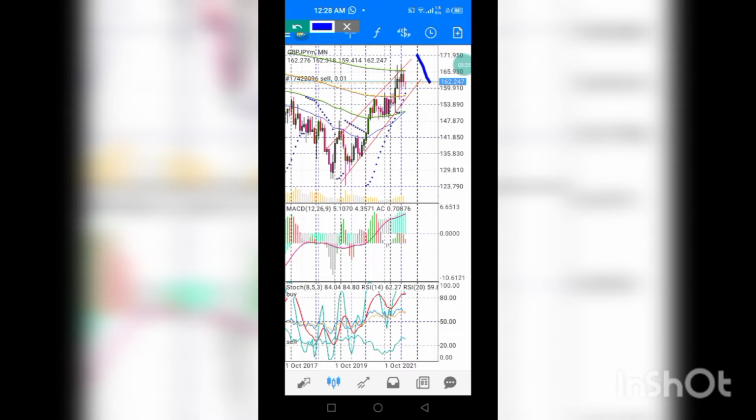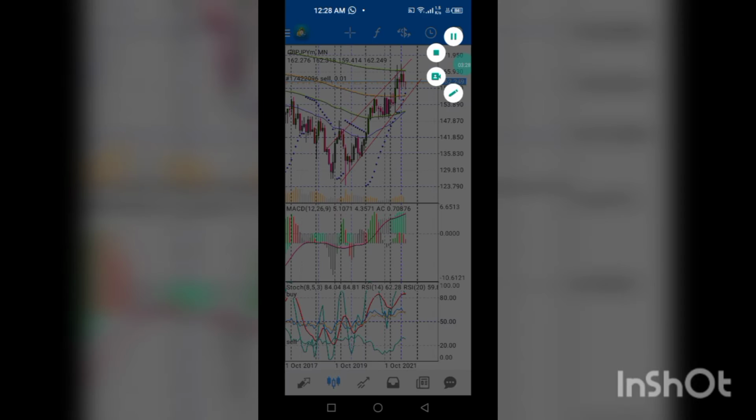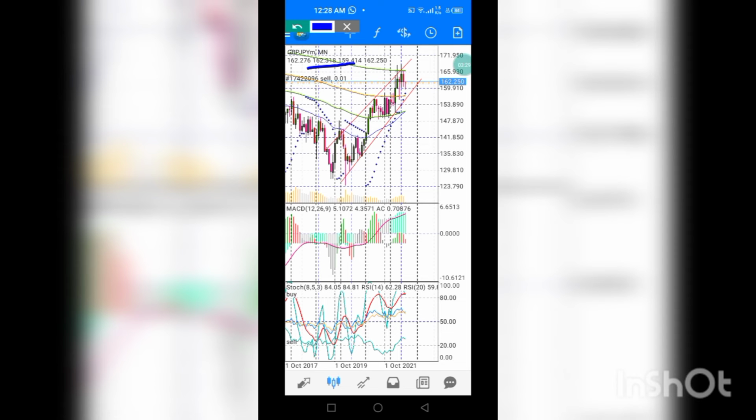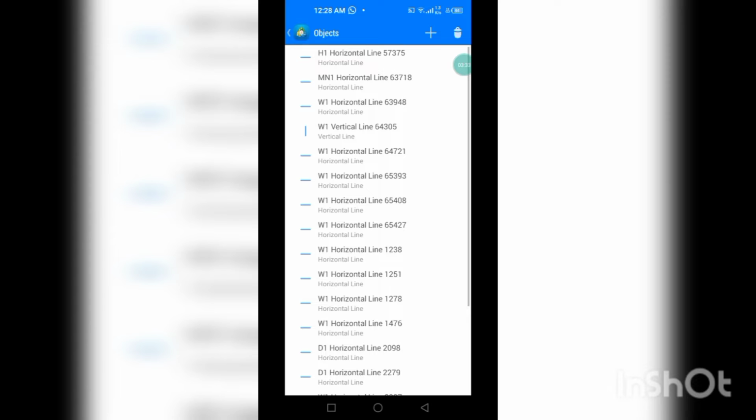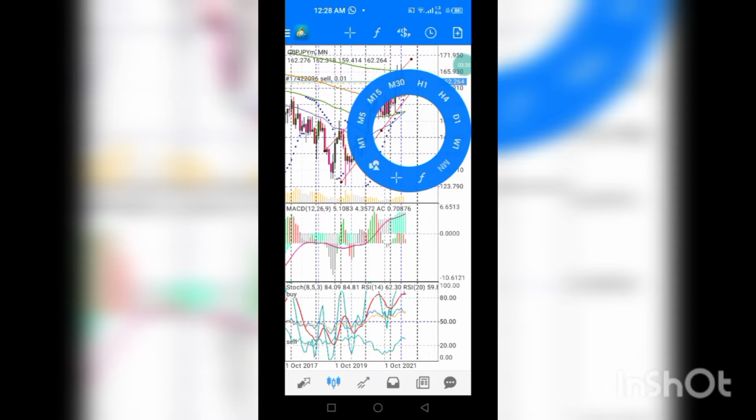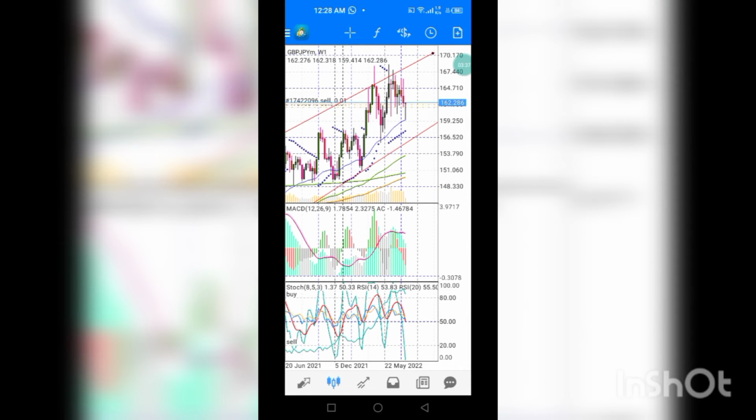Alright guys, so we move down to the lower time frame, the weekly time frame. As you can see, we're in an upward trend, right?